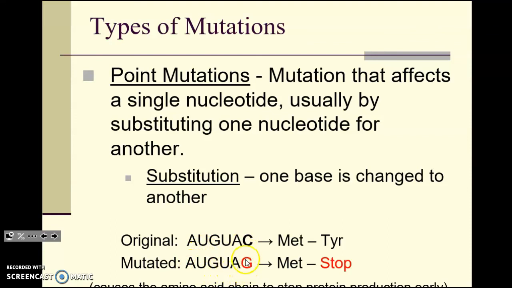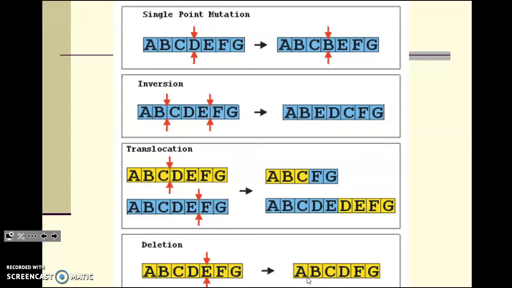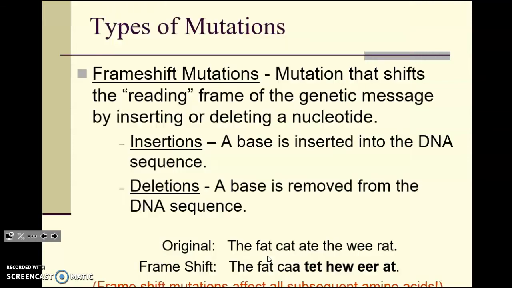Instead of the C, it was replaced or substituted by a G, and that created a stop sequence, which ends the production of that protein at that point. So it would stop that protein production early, which could affect the growth of something. So that's a point mutation. One substitution of one nucleotide is a point mutation.